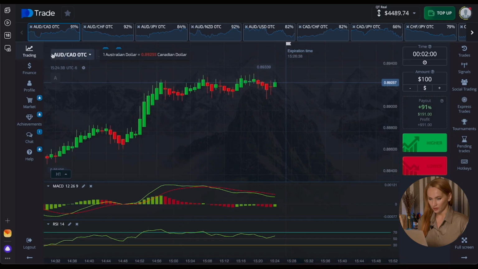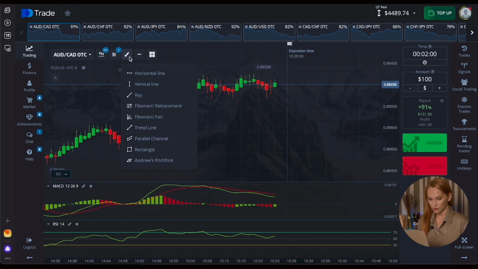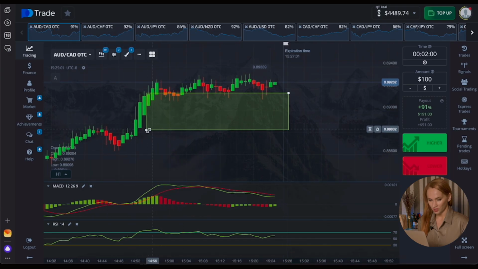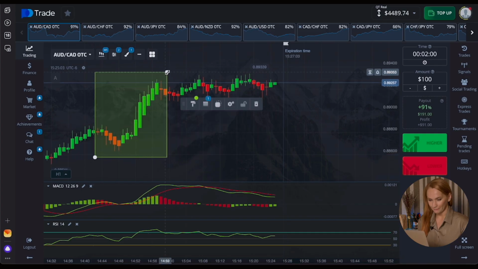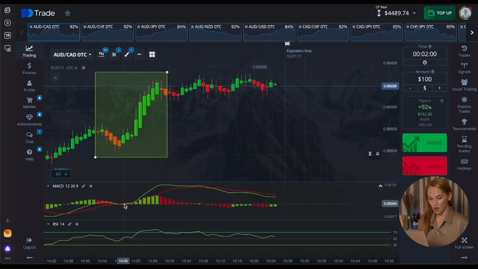Let's have a look at the example of this currency pair, AUD CAD. I've opened up 2 indicators for analysis, MACD and RSI. Let's look at this moment here. You can clearly see the uptrend, that is the green color. So the MACD graph goes higher.